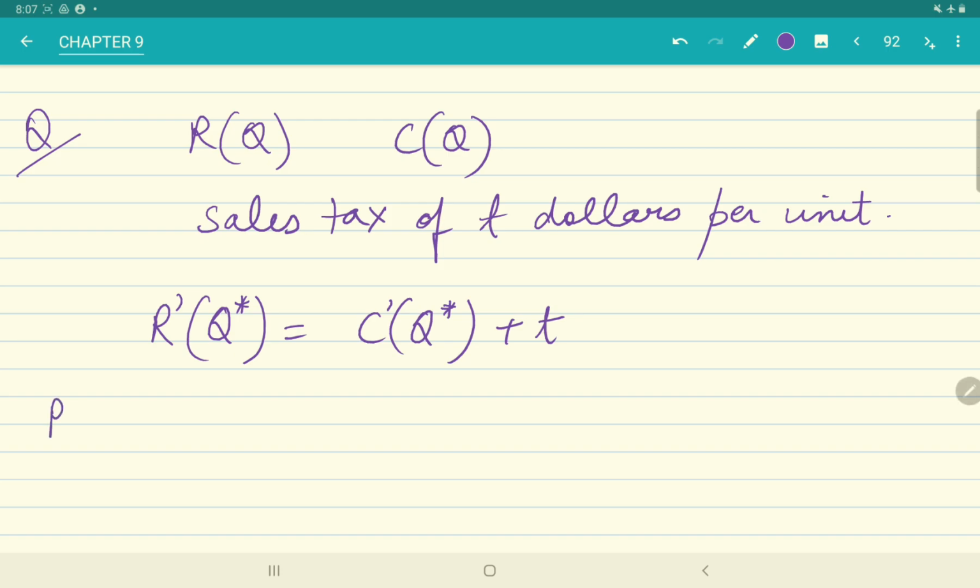Here let's suppose that R double prime Q star is less than 0, and it is given that C double prime Q star is greater than 0.